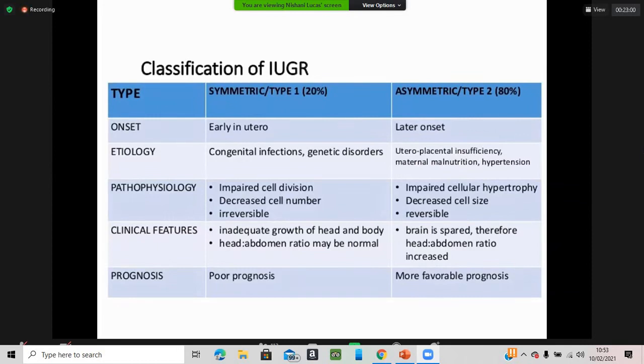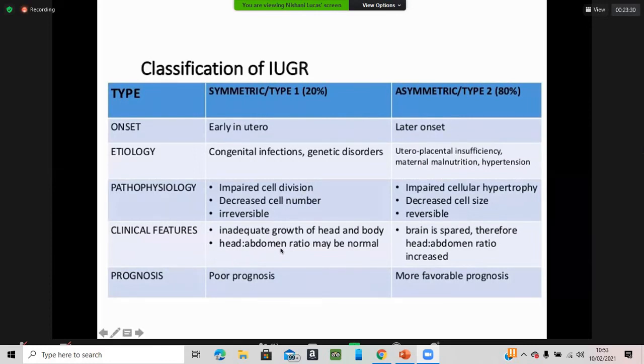And the asymmetric type, which is 80%, happens later. For the symmetric type, what is responsible is congenital infections as well as genetic disorders. And the pathophysiology, as we discussed earlier, is impaired cell division, resulting in decreased cell number, and it's an irreversible insult.